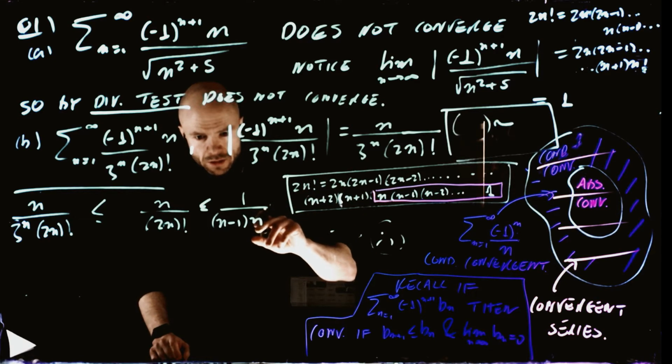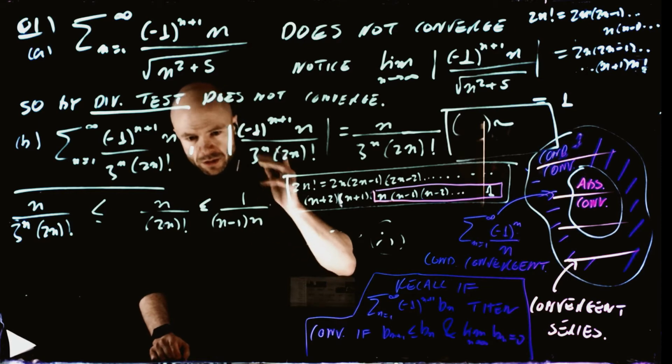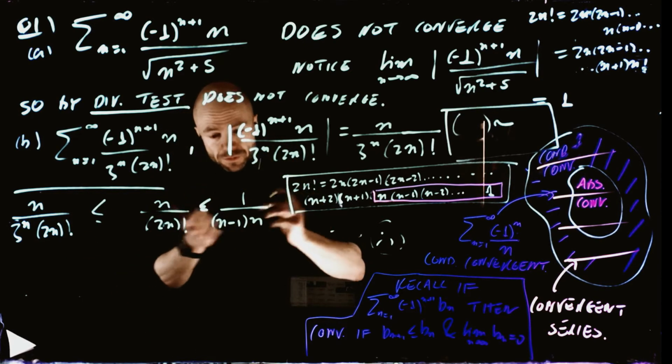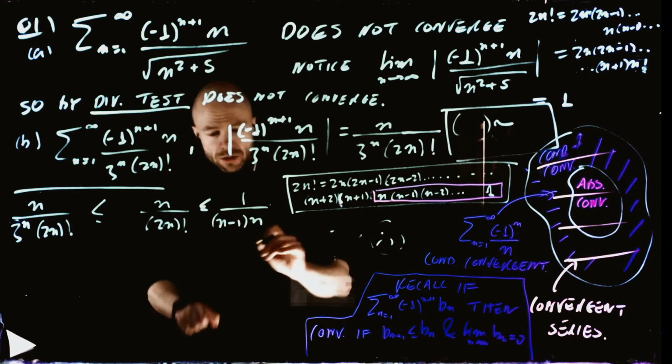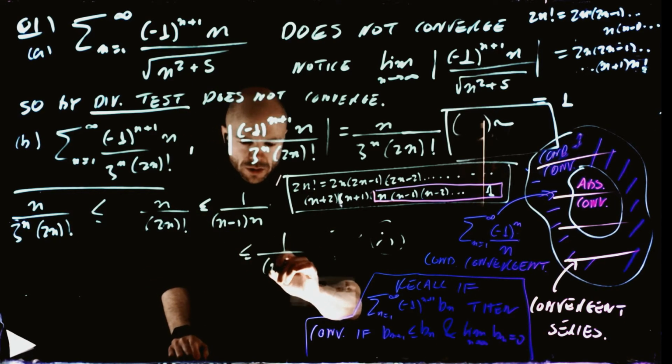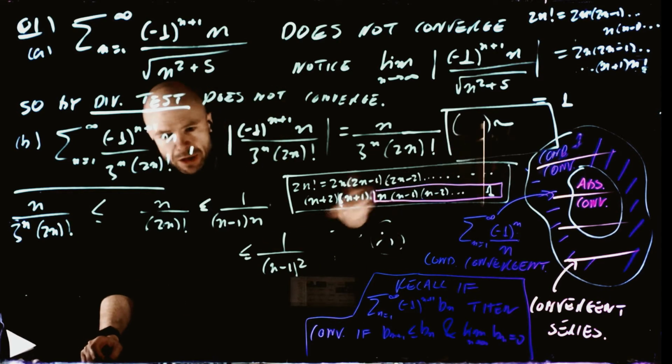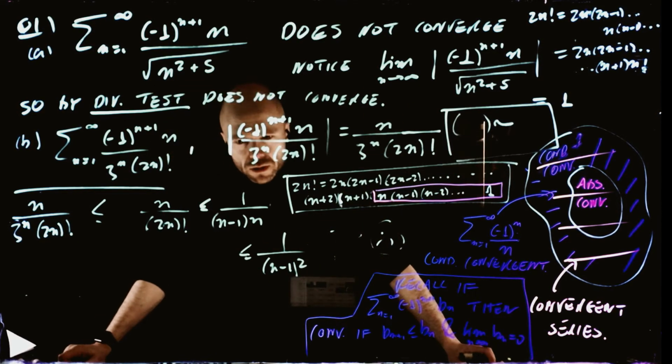And this thing we know will converge, right? Because this is a telescoping series, or just compare this to 1 over n minus 1 squared, which we also know converges when we start summing from n equals 2. Is that making sense?